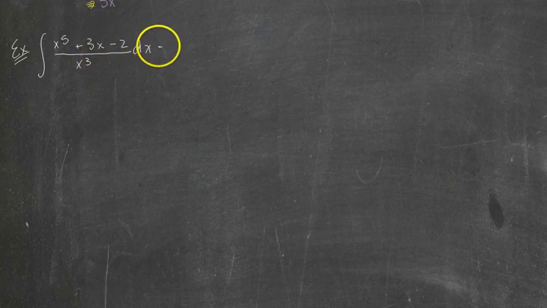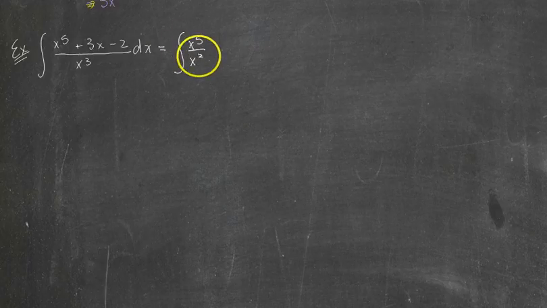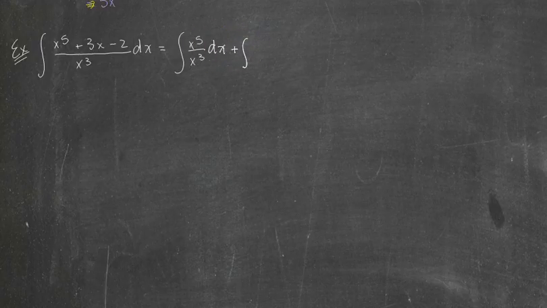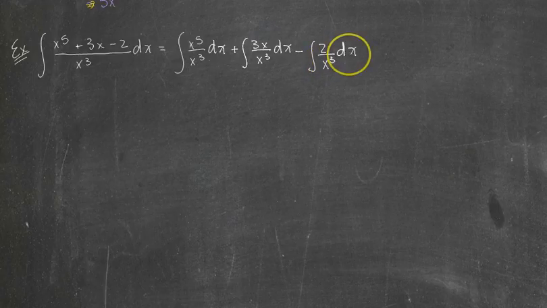So rather than look for a new rule, let's just break it apart. So we're looking for the integral of x to the 5th over x cubed dx plus the integral of 3x over x cubed dx minus the integral of 2 over x cubed dx.